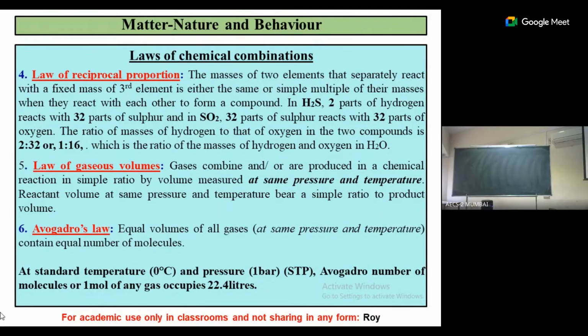I mean, see in H2S, 32 parts by weight of sulfur react with 2 parts by weight of hydrogen, and in SO2, 32 parts by weight of sulfur react with 32 parts by weight of oxygen. So what is the ratio? 2:32 or 1:16. So that is the ratio of the masses of hydrogen and oxygen, as in water.